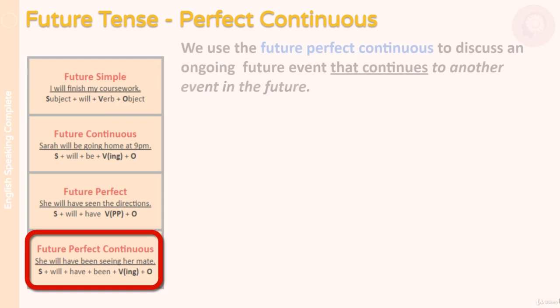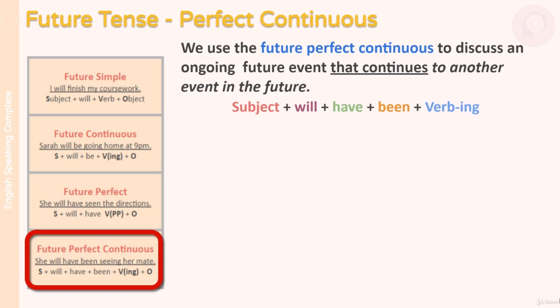Okay, so we use the future perfect continuous to discuss an ongoing future event that continues up until another event happens. And we do this with subject plus will, and as you may think, we can contract this, plus have plus been plus verb ing, our gerund. Okay, here's an example.